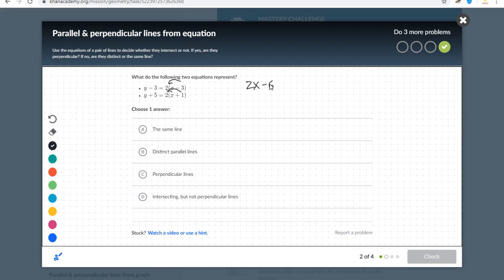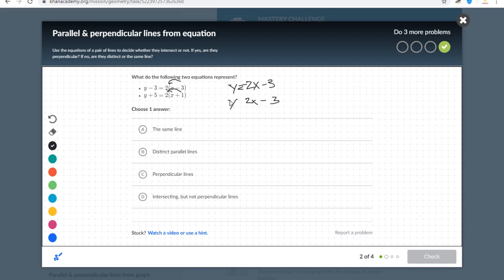So let's make this, instead of minus 6, minus 3. Now the second equation, we got 2x plus 2. Now we're going to subtract this 5 over. So instead of plus 2, we're going to have a minus 3.